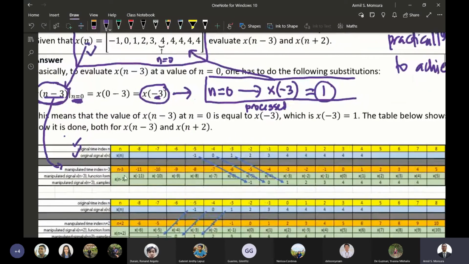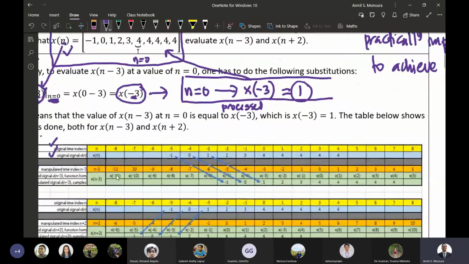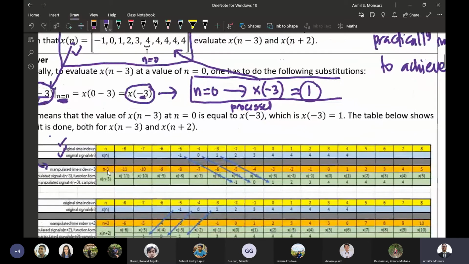Okay, so that's n-3. Now, how would n-3 work? Yung n-3 na yan is essentially kung ano yung original n plus -3. So, here sa column na to, for example, if the original time index is -8, then the manipulated time index is -8 minus 3, which is -11.